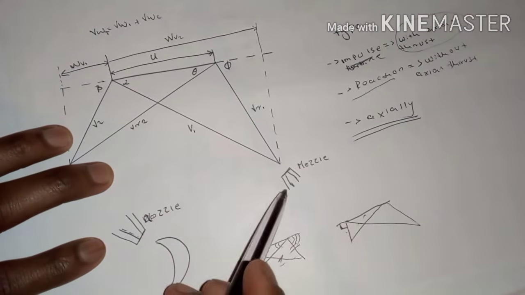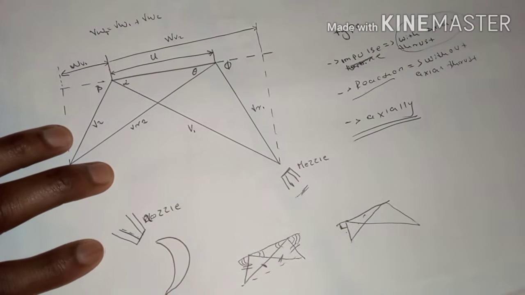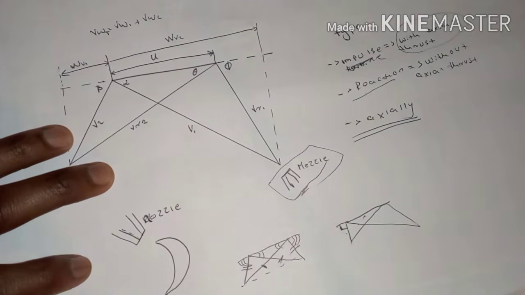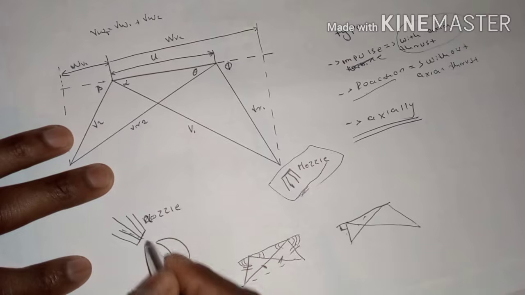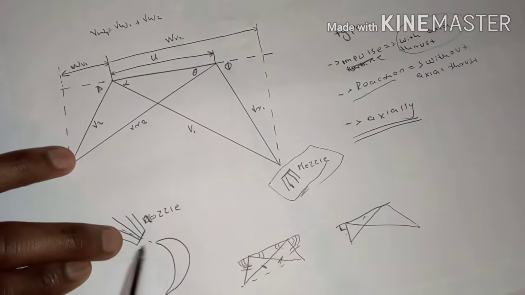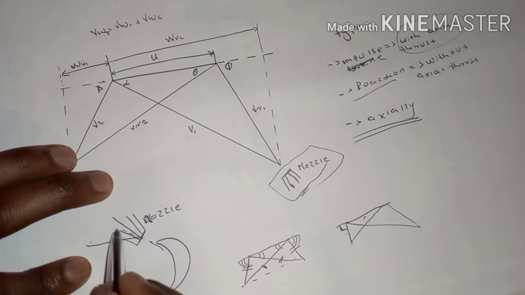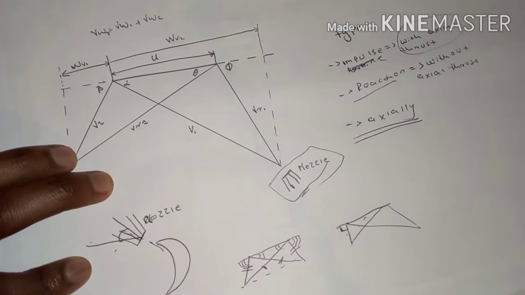So we come back to the diagram. We have the nozzle placed in this position. As the steam leaves the nozzle into the blade, it leaves at a certain angle, which is the nozzle angle, or you can call it the inlet angle of the steam.